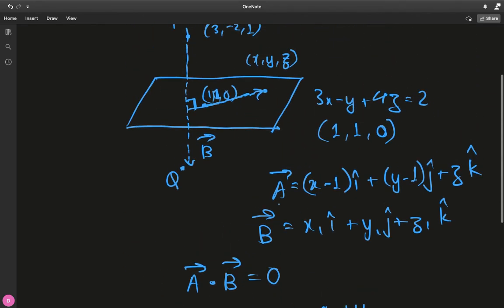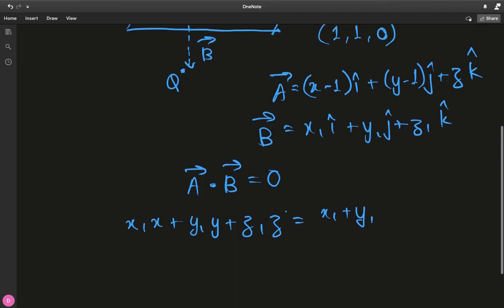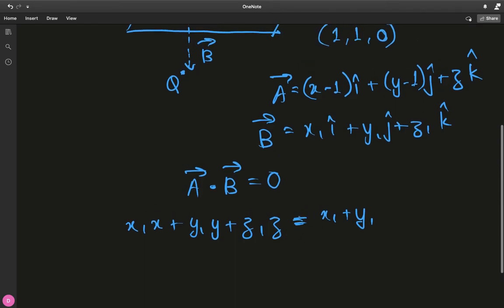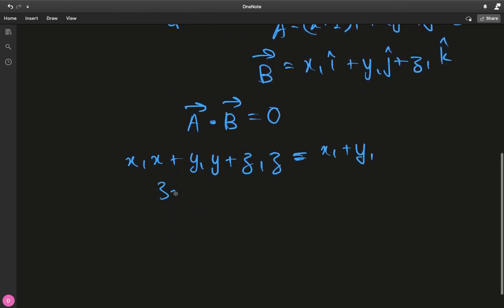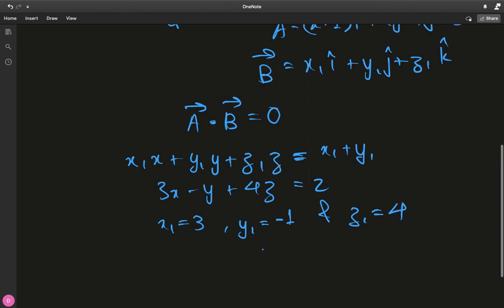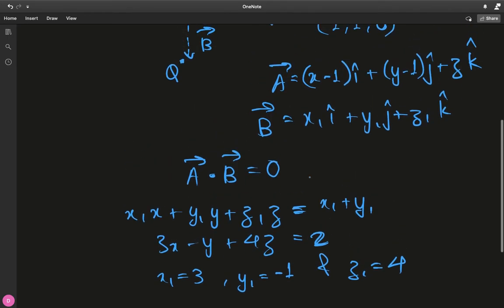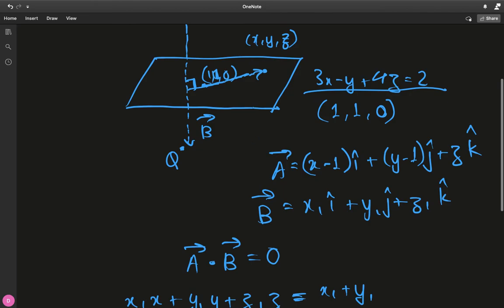And since this is supposed to give us the equation of the plane, we can compare it to this equation, 3x minus y plus 4z is equal to 2. So this means x sub 1 is 3, y sub 1 is equal to negative 1, and z sub 1 is equal to 4. So we have actually found a vector that is perpendicular to this plane.